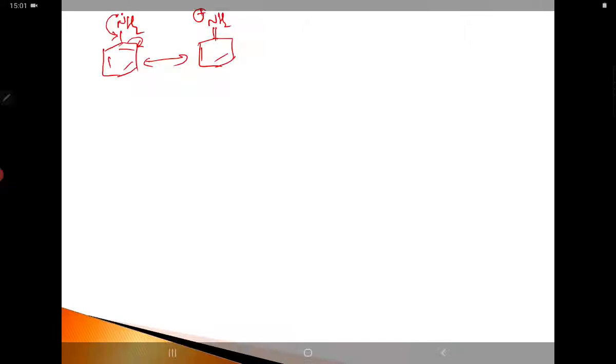See, this is aniline. Lone pair of electrons are present on the nitrogen atom of aniline. These lone pair of electrons are not localized, they are delocalized and participating in resonance with the benzene ring.